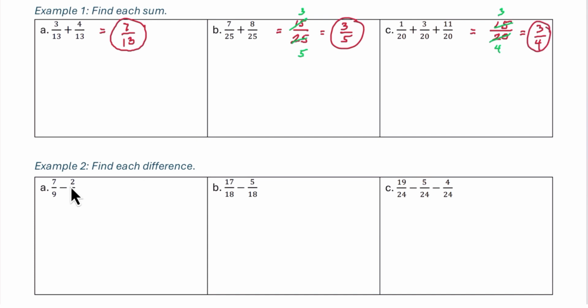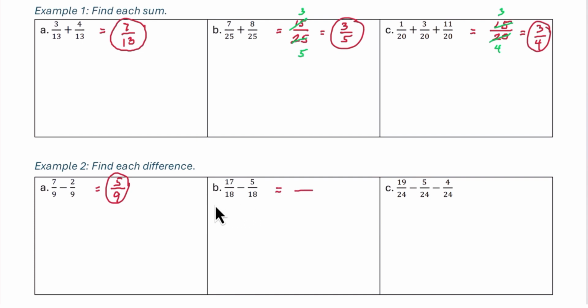In example 2, we are subtracting, finding the difference. Again, recognize that we have common denominators. So we're going to subtract the numerator. 7 minus 2 is 5, and then we keep the common denominator, 5/9. In part B, again, we have common denominators, so we can subtract here.